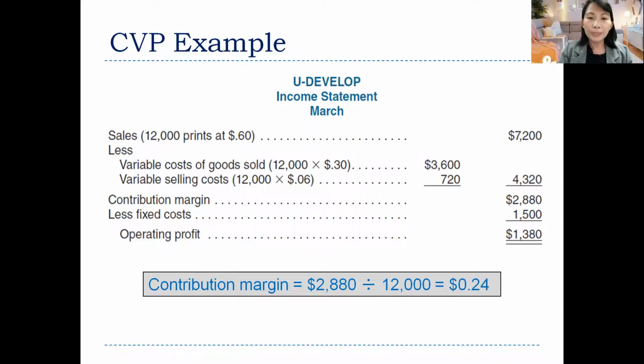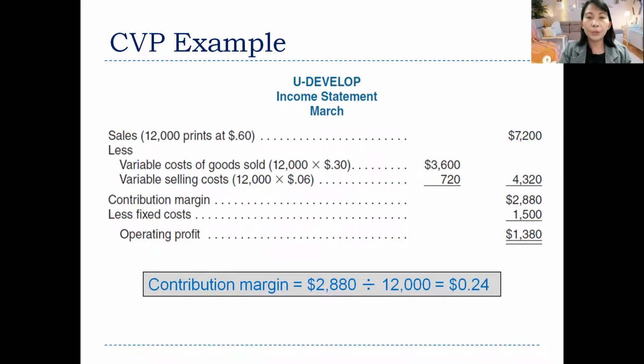Variable selling price: 12,000 times 0.06, we have 720. So the total is 4,320. Now your contribution margin is 2,880. Less, or you deduct, your fixed cost equal to 1,500. So your operating profit is 1,380.